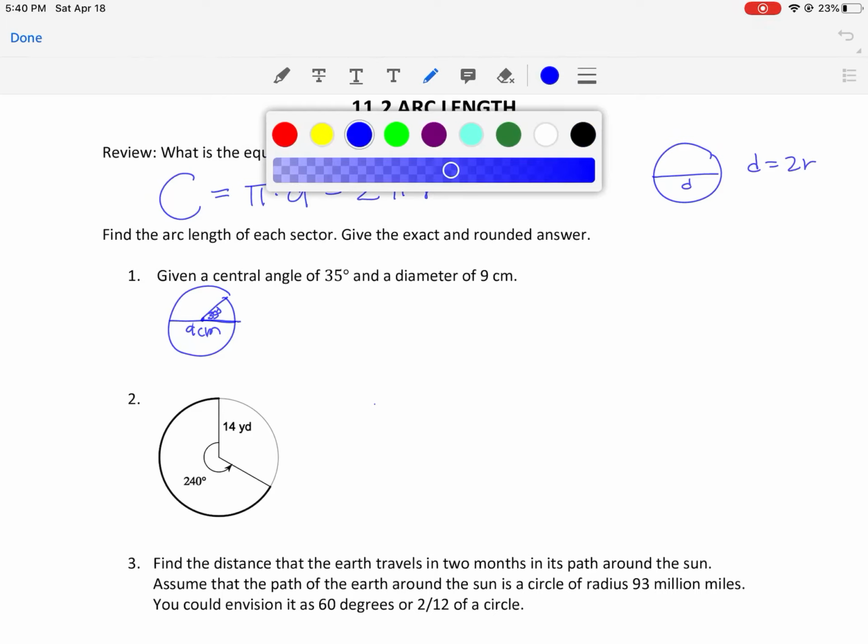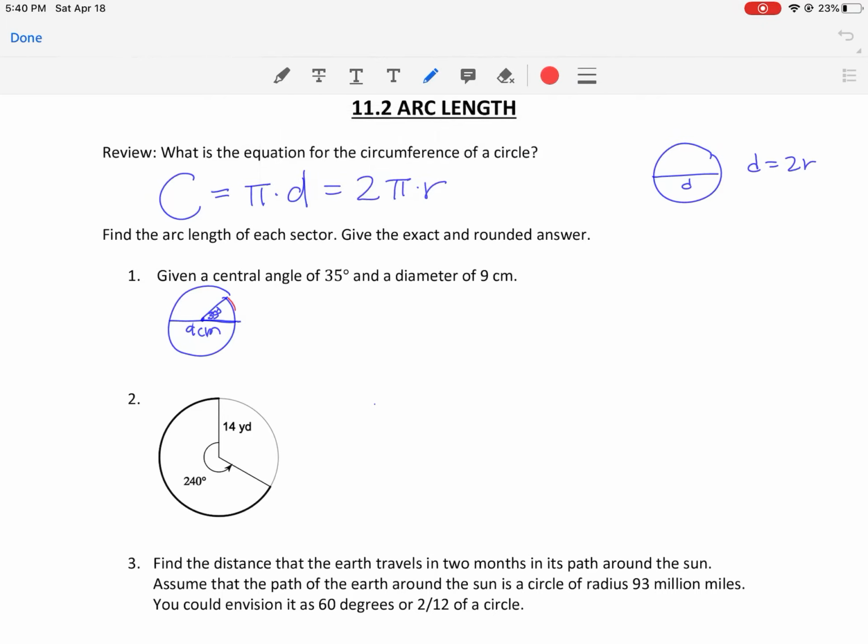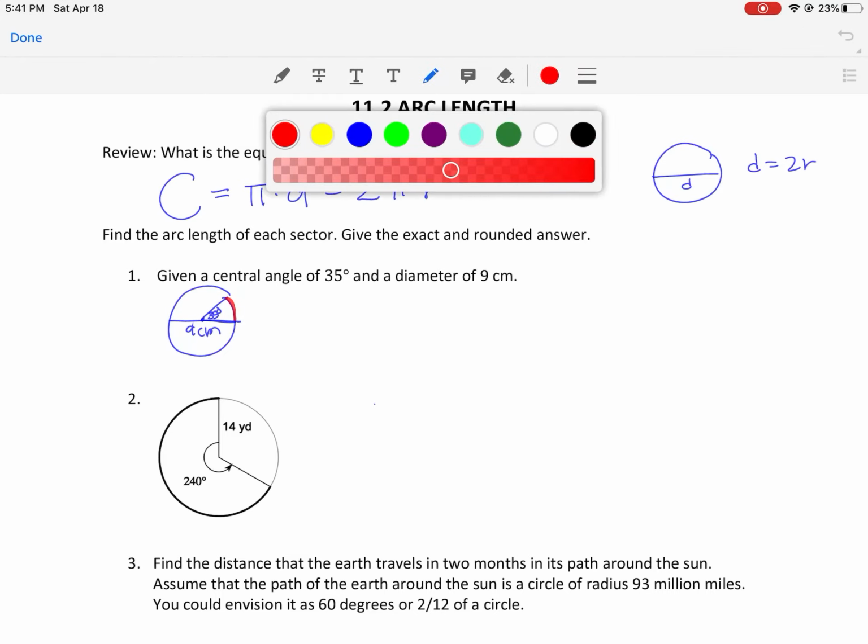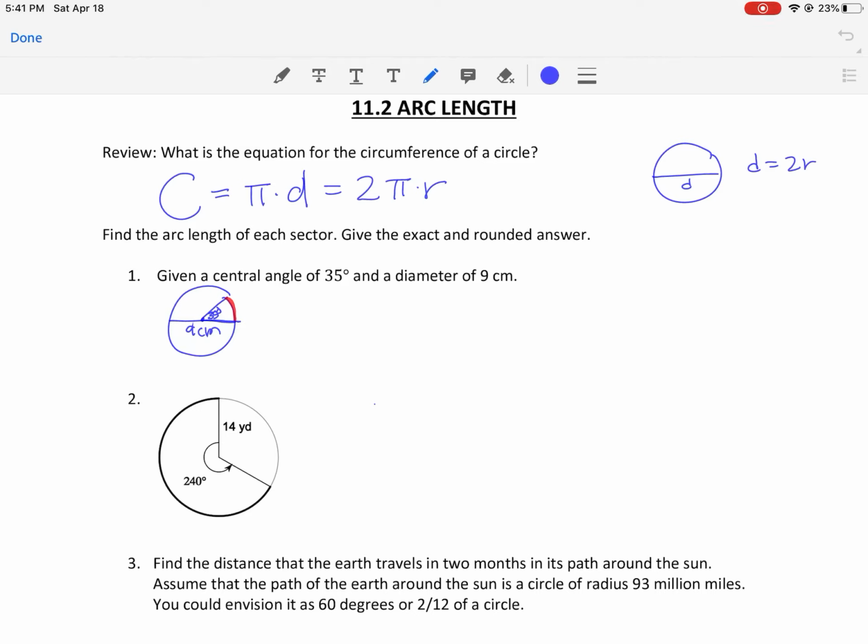And this time, rather than us finding the area, we're literally just finding this little length here in red that I've highlighted. What I like about the proportions is we're going to use the same proportion as last time. We're looking at 35 degrees over 360 degrees in a circle equals this arc length x, but this time, rather than putting it over area, all we're doing is putting it over the circumference.